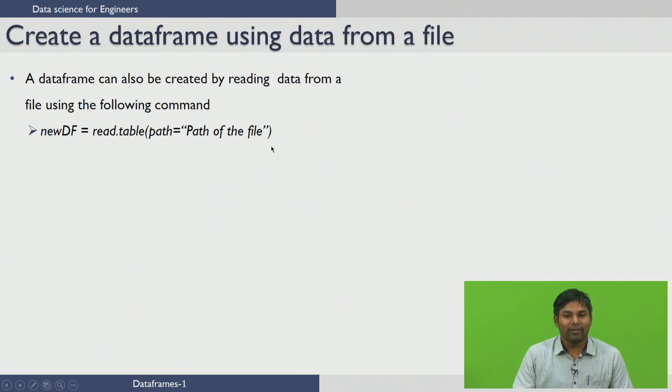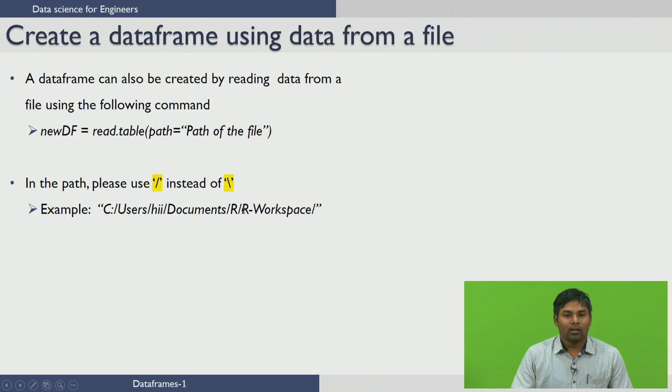Let us say you have data in a text file where the data is separated by spaces. You have to use the command read.table with path equal to the path of the file from which you want to import the data. This path specification is OS dependent. You have to take care whether you need to use the backslash or slash operator depending upon your OS.